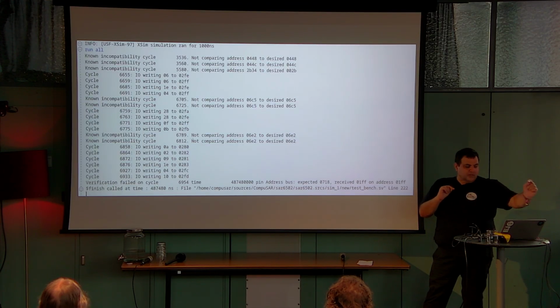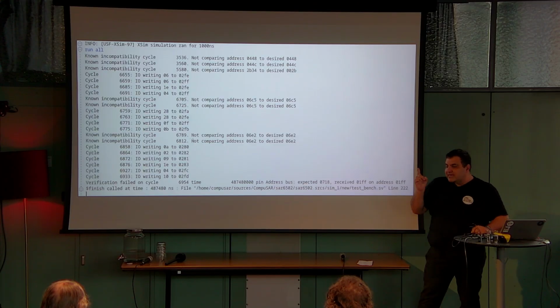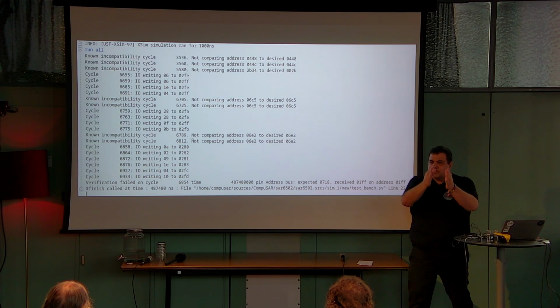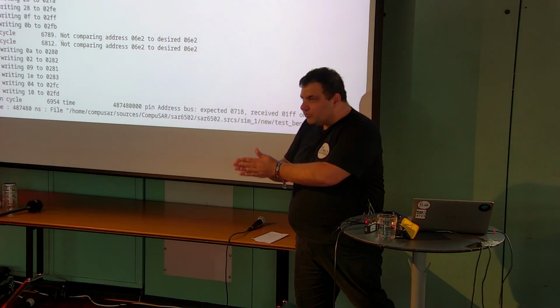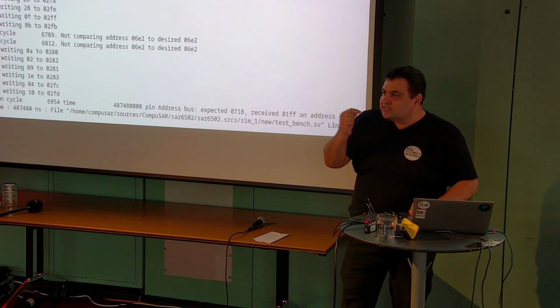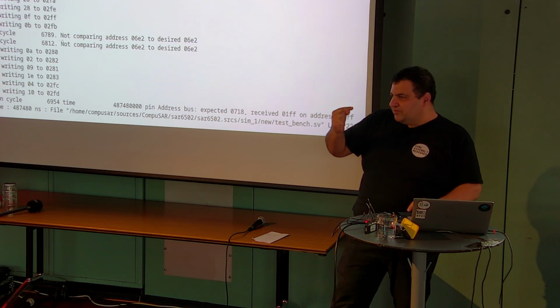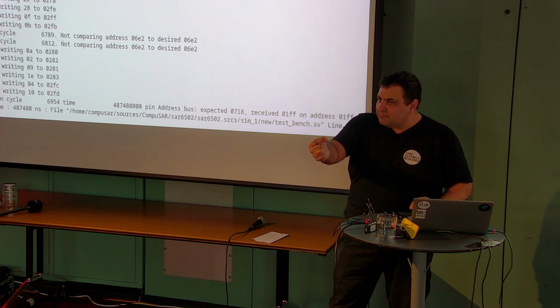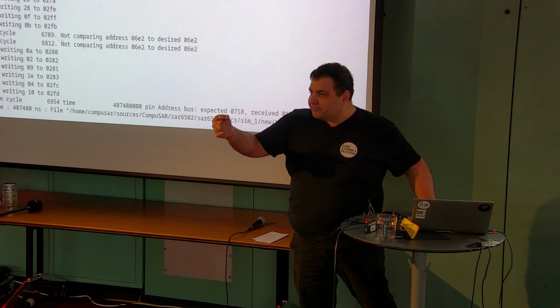Which means that you end up with a design that is not only cycle accurate, which means every instruction is executed in the same number of cycles as the original, it is actually bus accurate. So every cycle your design does exactly the same as the original 6502.